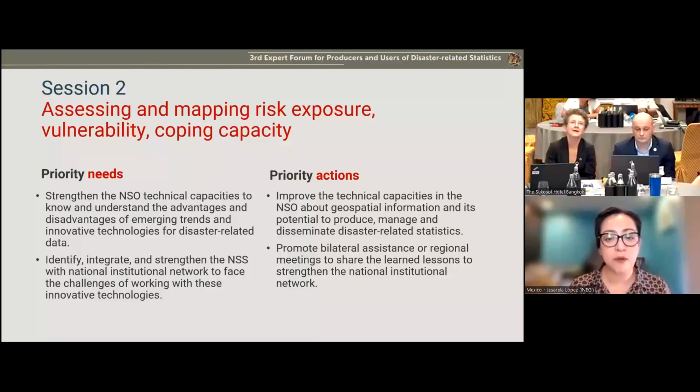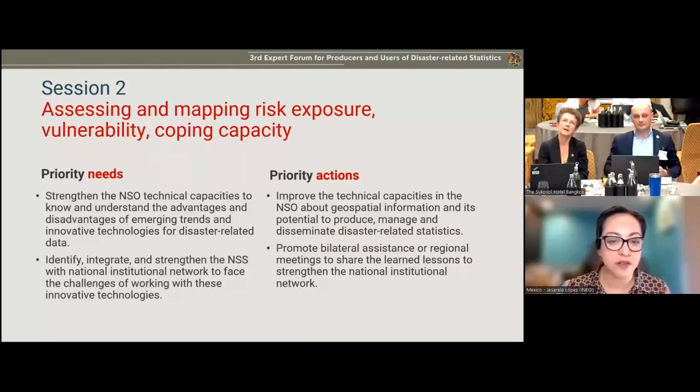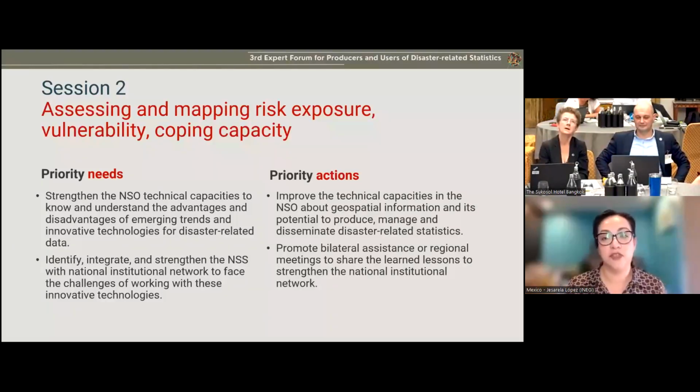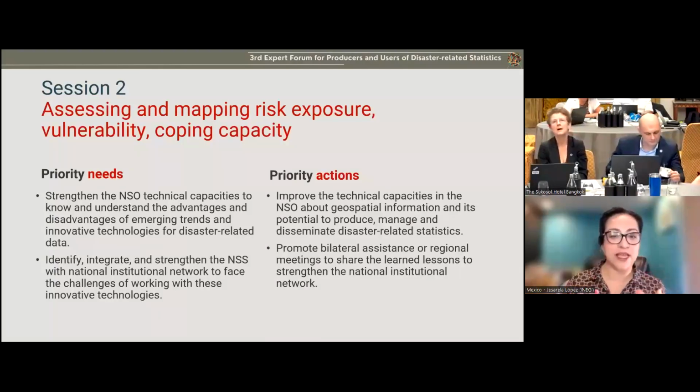We need to promote the use of non-conventional methodologies such as satellite images and administrative records, to contribute information more and more timely as the institutions require, and sharing experiences, knowledge, capacity, and technical building, etc.